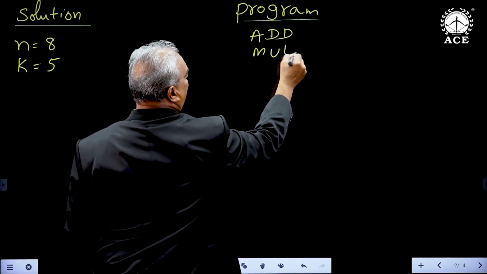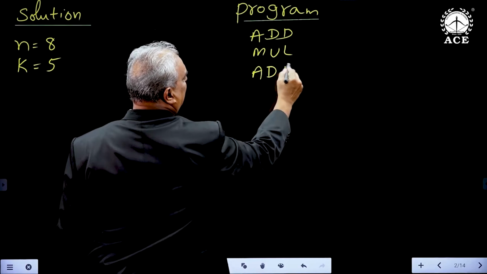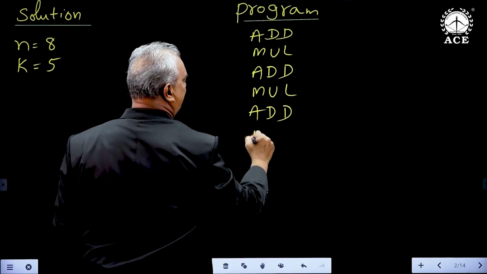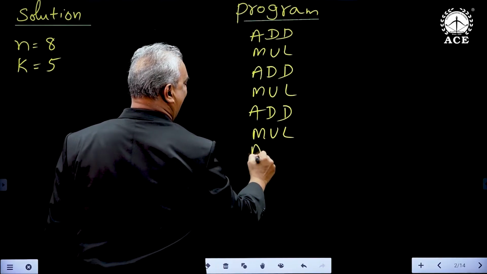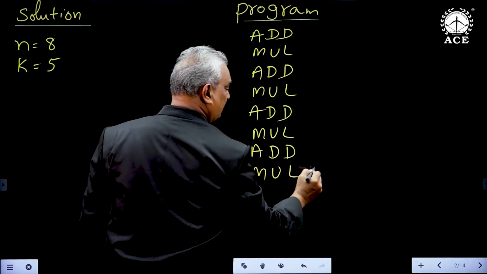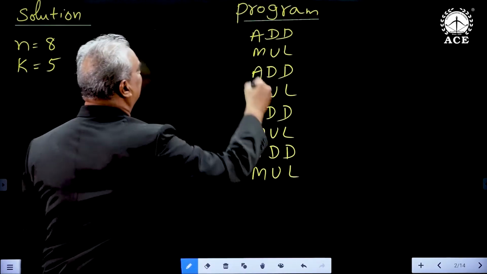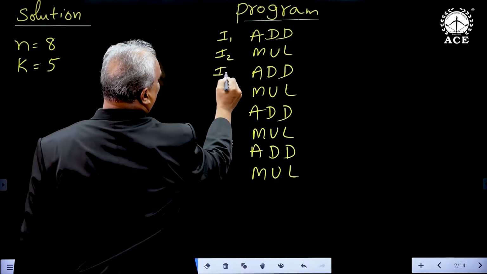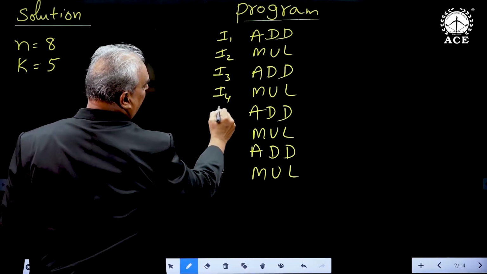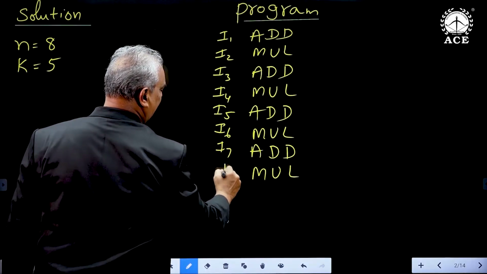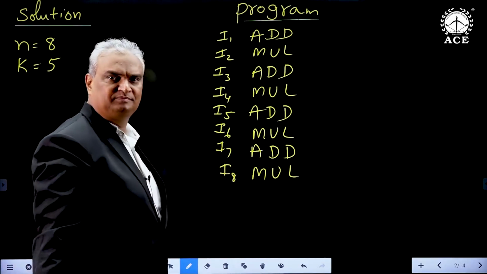Next, mull. Next, add. Next, mull. Add. Mull. Add. Mull. We have 8 instructions: I1, I2, I3, I4, I5, I6, I7, I8.